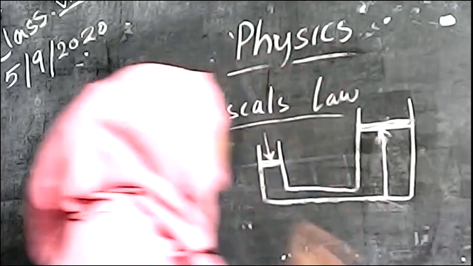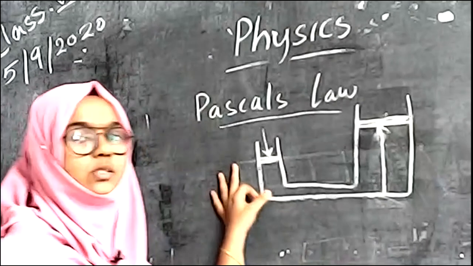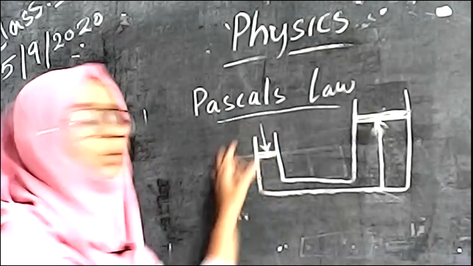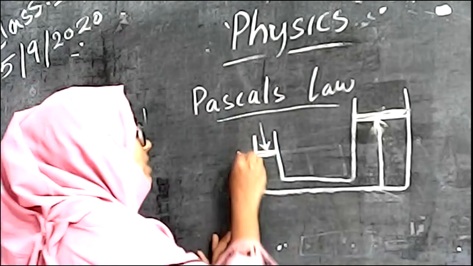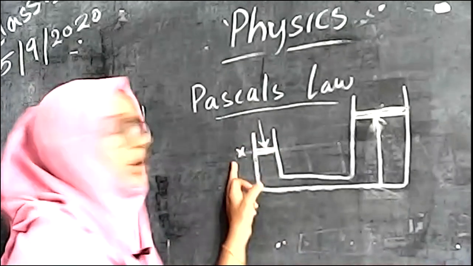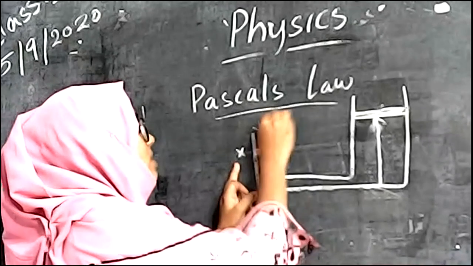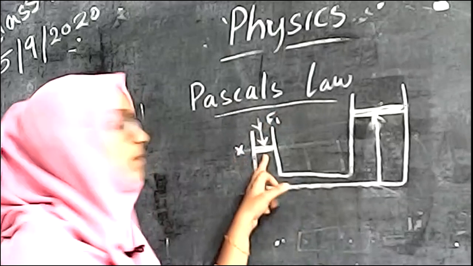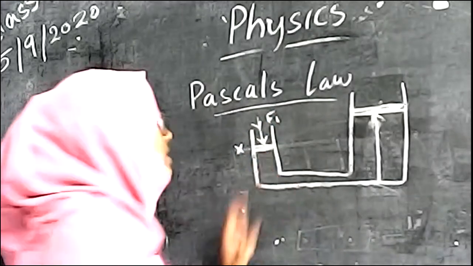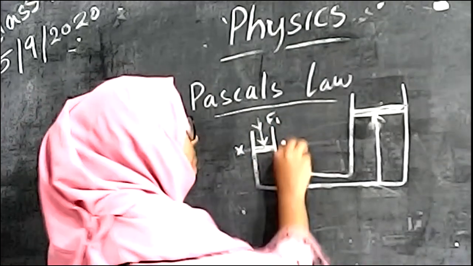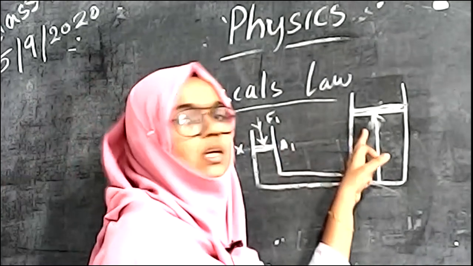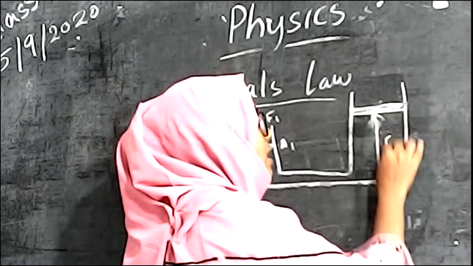And here, in this closed system, we are applying a force F1 to this portion, which is considered as X. So, F1 force is applied in the portion X. The area of cross section of the portion X is A1. And the force experienced in this end is F2.